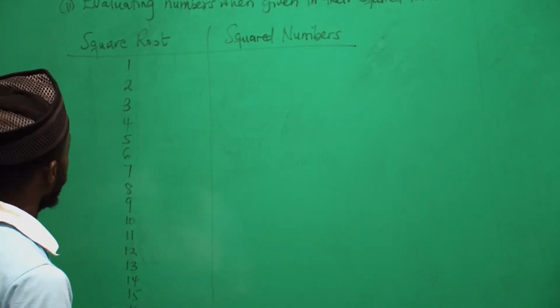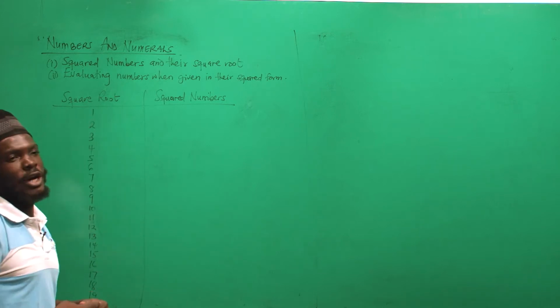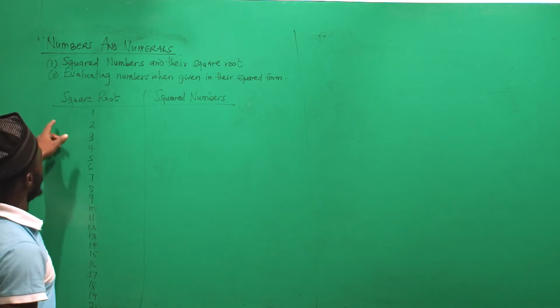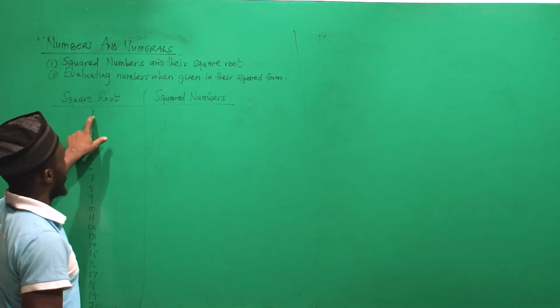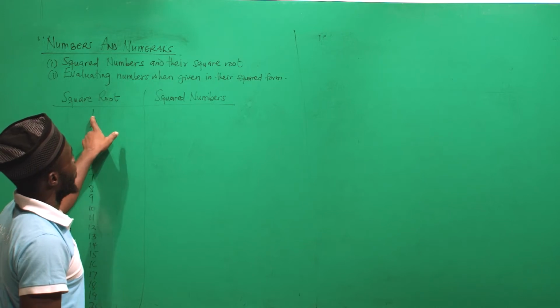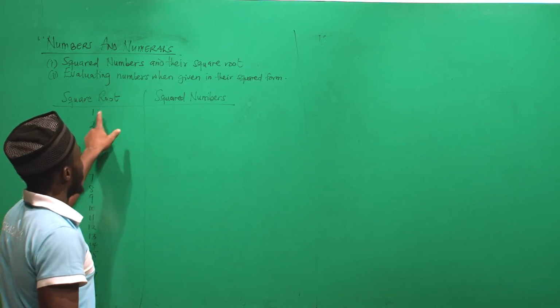Those who learn their timetable very well, this is when it's going to help you. We said square root of a number gives us 1. This means that when this number is multiplied twice, you get this answer. Or you multiply the number by itself, you get this answer.